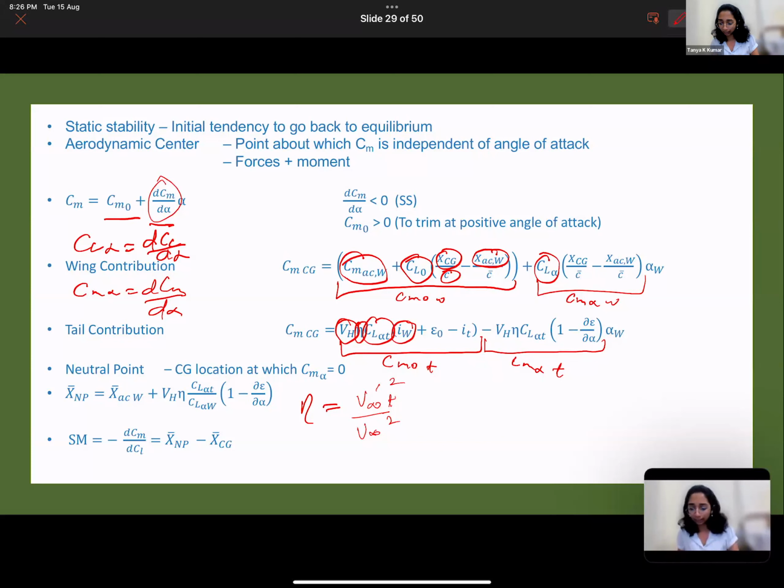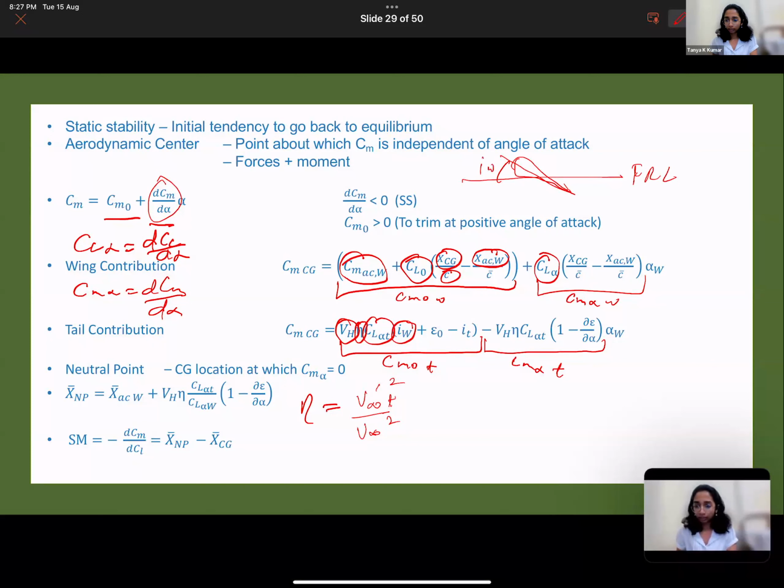I'm sure your understanding is right, but it's called the wing setting angle. It's the angle at which the wing is mounted on the fuselage, not when it's deflected, but the angle at which it's initially mounted on the fuselage. So if this is your fuselage reference line and this is your wing, this is that wing setting angle, I wing.